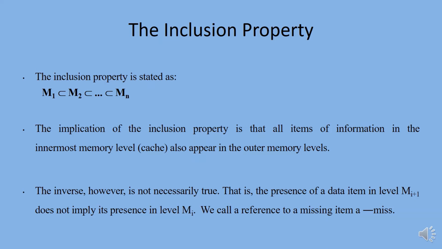Information transfer between CPU and cache is in terms of words. The cache is divided into cache blocks, also called cache lines by some authors. The main memory is divided into pages, say 4 kilobytes each. Each page contains 128 blocks.